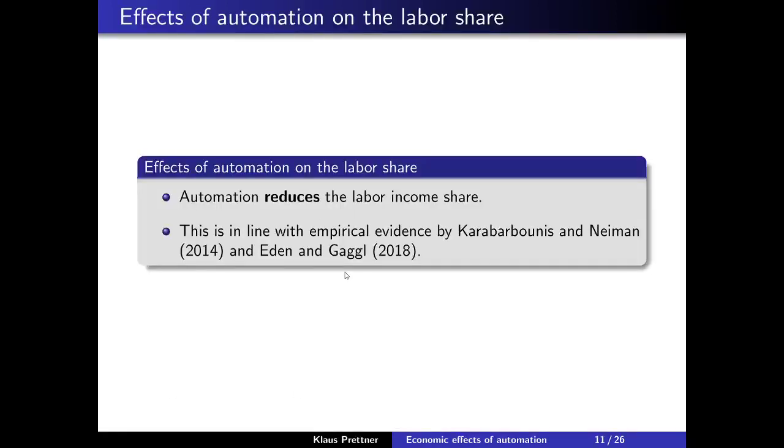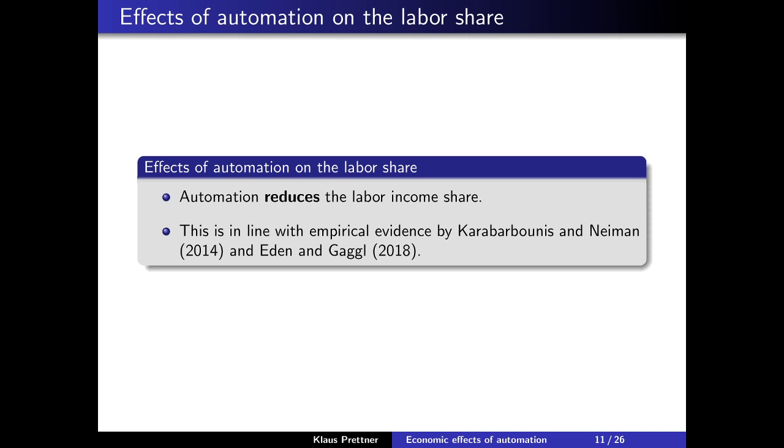So therefore, the model can explain the reduction in the labor income share as described by Karabarbounis and Neiman in their paper in 2014, or as it has been empirically analyzed by Eden and Gaggl in an article in the Review of Economic Dynamics in 2018, where they show that an increase in automation actually decreases the labor income share, although they measure automation by information and communication technologies and not by the accumulation of industrial robots as is usually done.